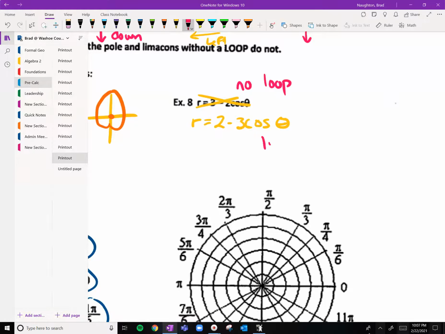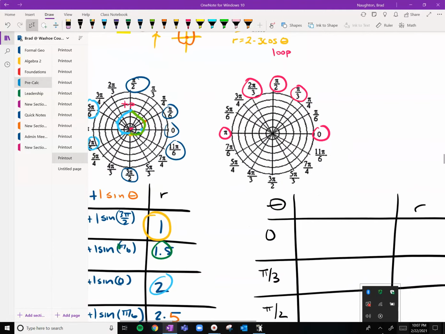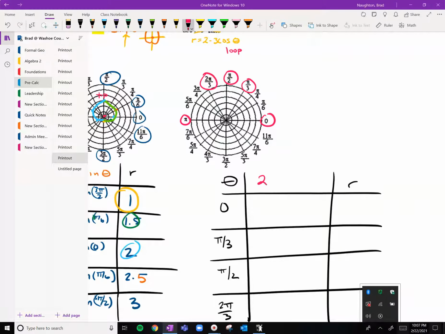So in this one, we're going to tackle that loop. Okay. So if we look at it, we're going to go 0, pi over 3, pi over 2, and then pi. Oh, I'm missing one there. There we go. So the idea is that you guys at this point realize that you're going to plug this into 2 minus 3 cosine theta.